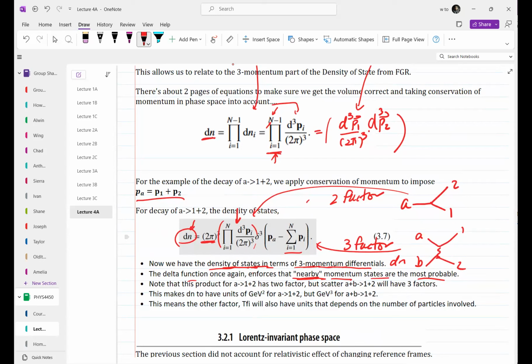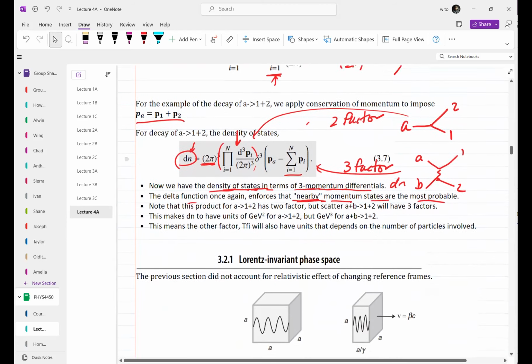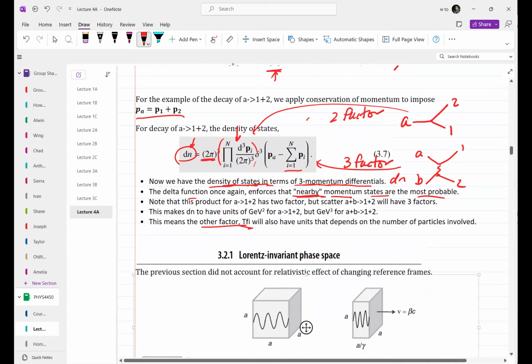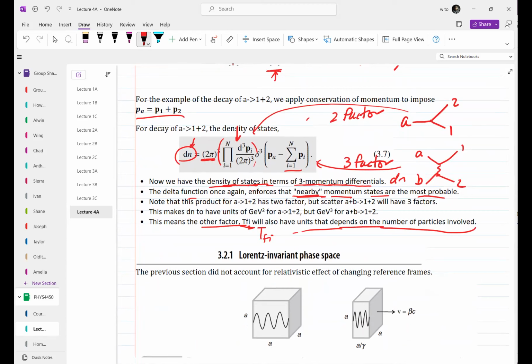And we're actually going to try to fix this on the other end with the TFI instead, just to keep track of these units of GeV in the momentum. So there's going to be another factor in the TFI that we're going to have to deal with, to find the correct units for the TFI also.